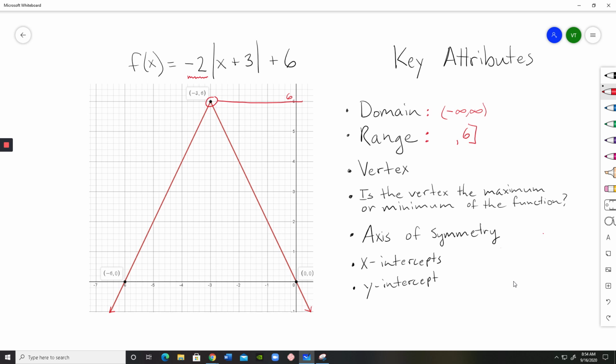And then in that case, what would the lowest value be? Well, we have these arrows at the bottom saying that it's continuing forever, which of course means it's heading toward -infinity. So the range is from -infinity with a parenthesis to 6 with a bracket. And so that means that the y values of this function, all of the outputs, so no matter what input you put for x, the output will always be between -infinity and 6.